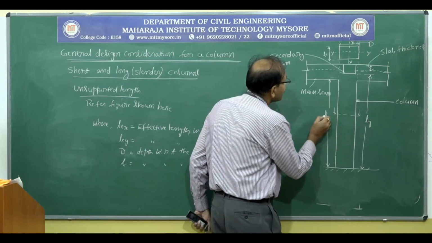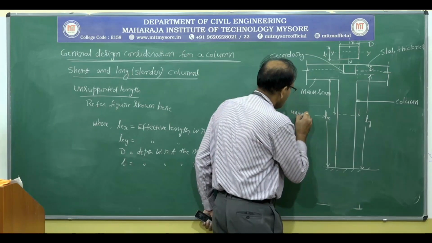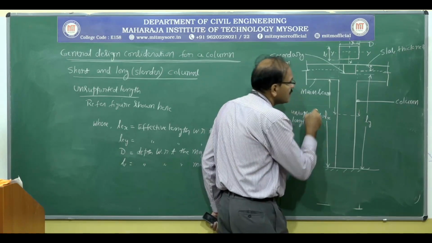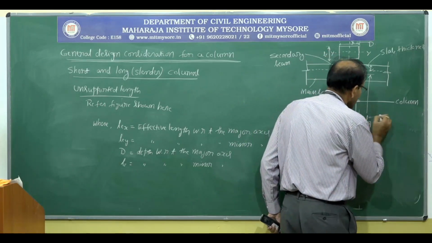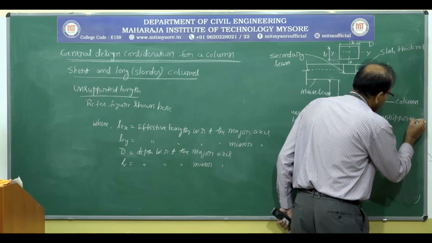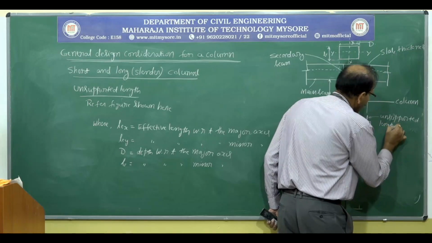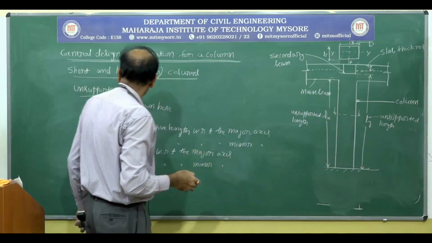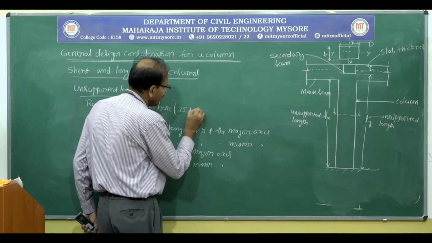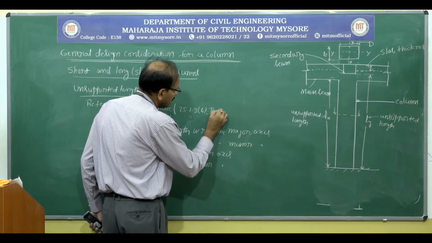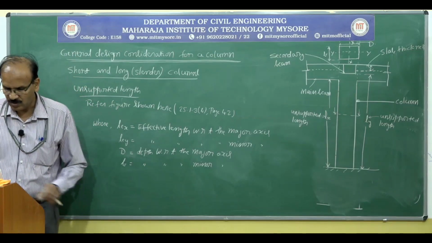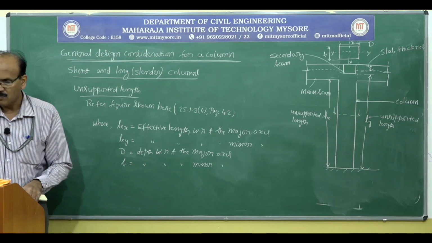This is the unsupported length with respect to the major axis, and this is the unsupported length with respect to the minor axis. So refer to the figure shown here and also 25.1.3b, page 42 of the code book.